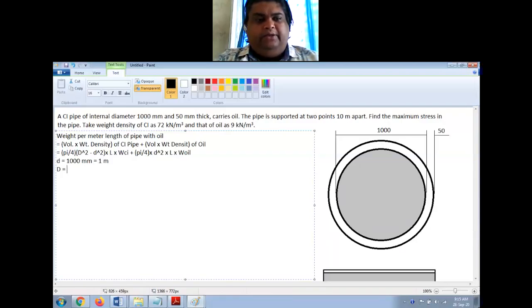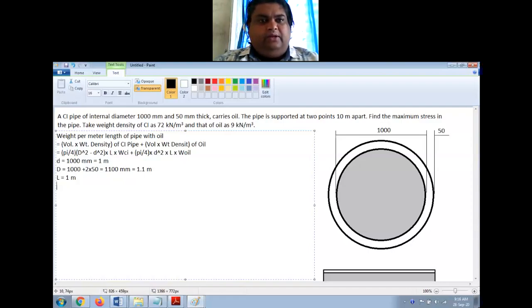And capital D is the outer diameter, which is 1000 plus 50 on this side and plus 50 on the other side. So 1000 plus 2 into 50, which is equal to 1100 mm, which is equal to 1.1 meter. And L is equal to 1 meter, because I have written weight per meter length of pipe with oil, right?